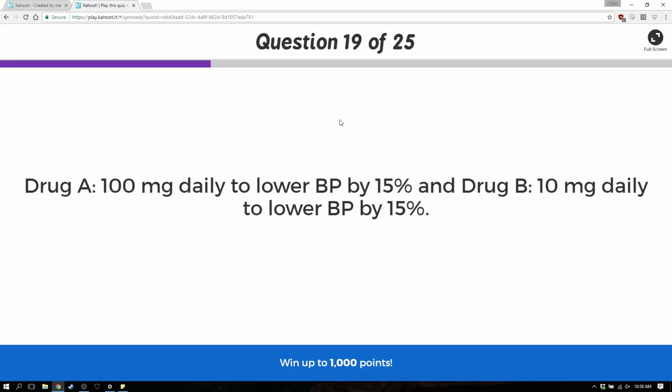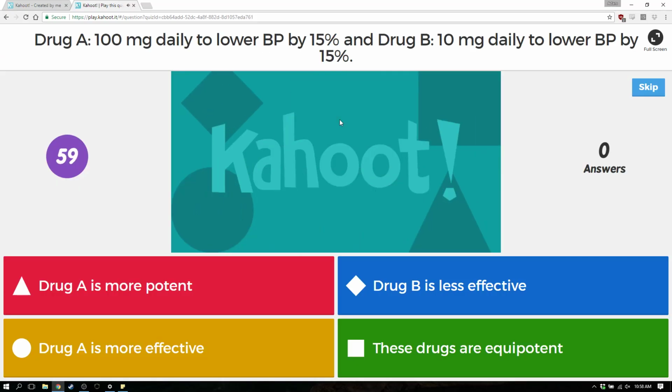Okay, drug A, we're giving 100 milligrams daily to lower blood pressure by 15%, and drug B, we're giving 10 milligrams daily to do the same thing. What would be true here?